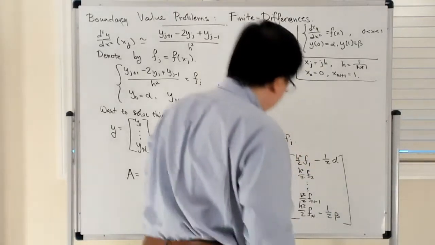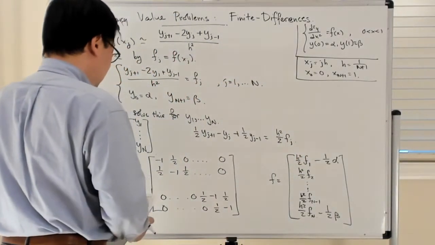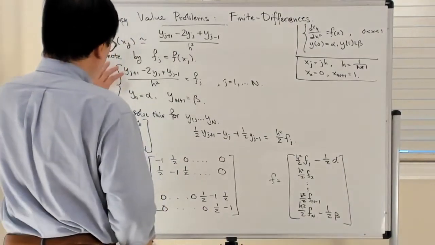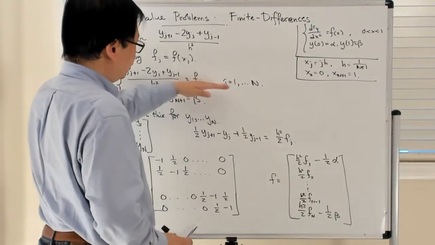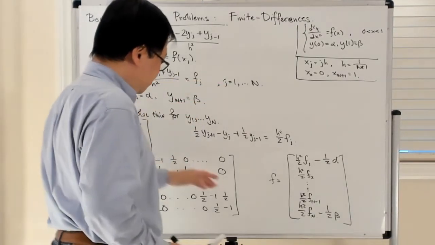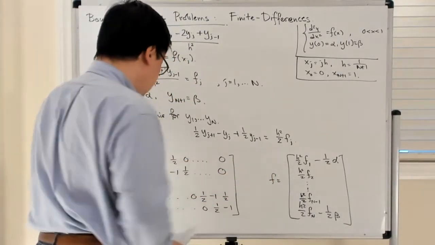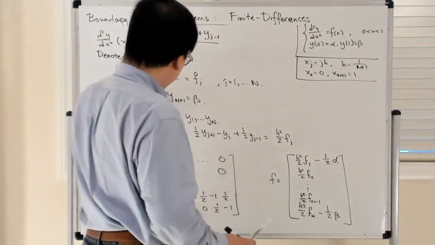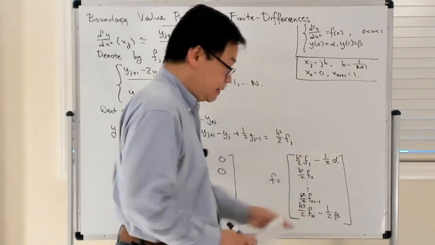So with this identification set up, this set of equations, both the equations j equals 1 to n, as well as these two boundary data, can be incorporated into a linear system involving n unknowns, where the boundary data again ends up showing up on the right-hand side instead.